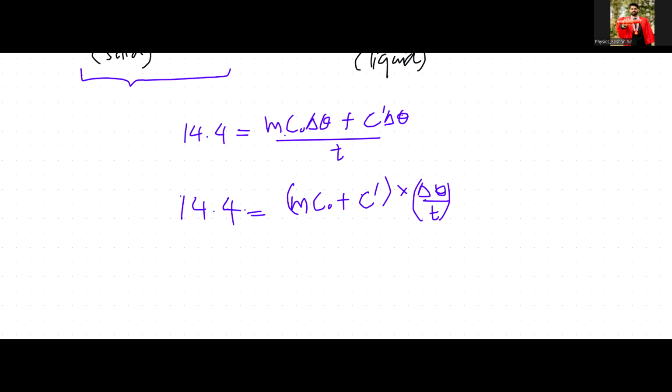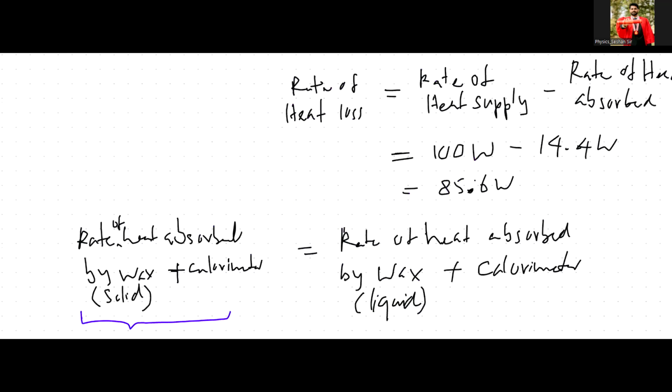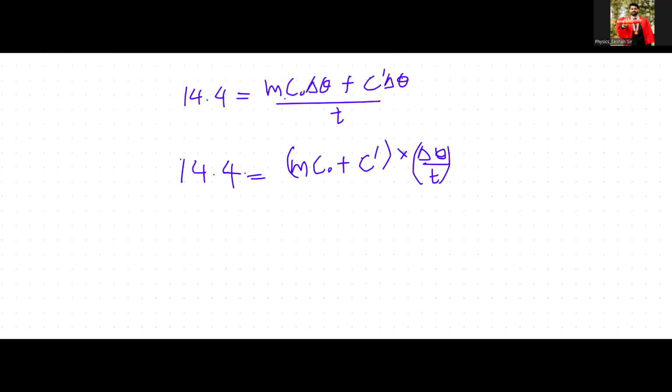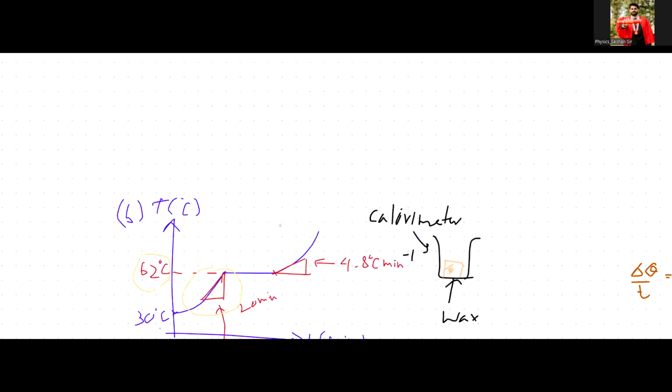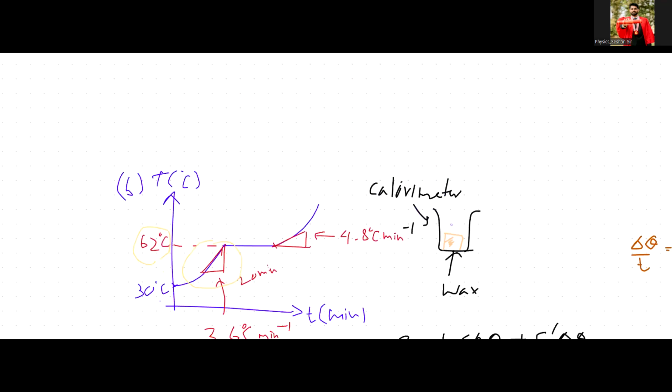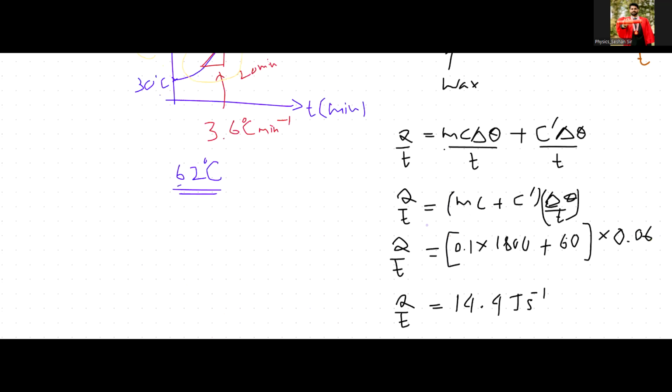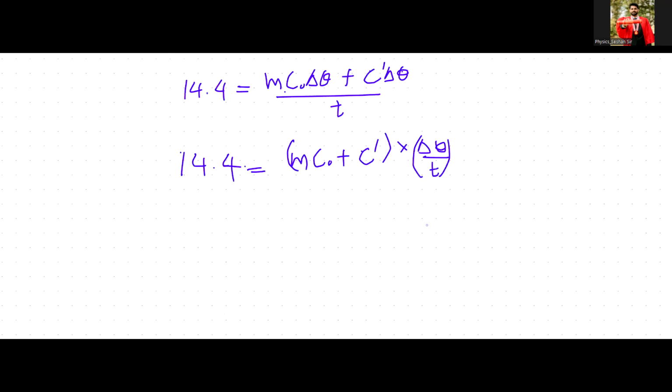So this one is delta theta over t, the rate of change in temperature. It is 4.8 Celsius per minute. The same thing here, but it is also per minute, so I have to convert that one also.